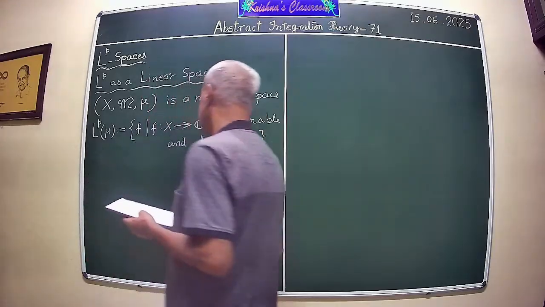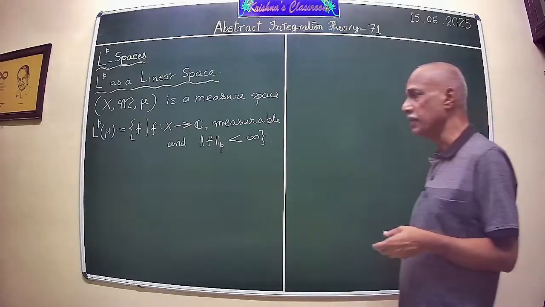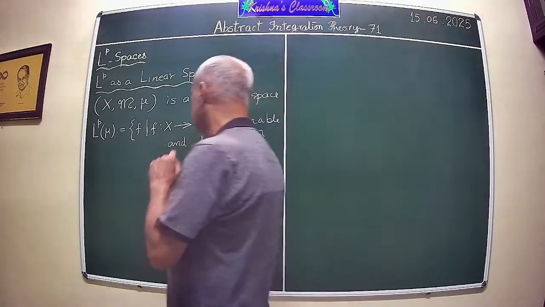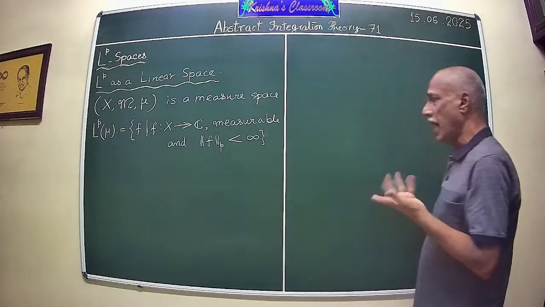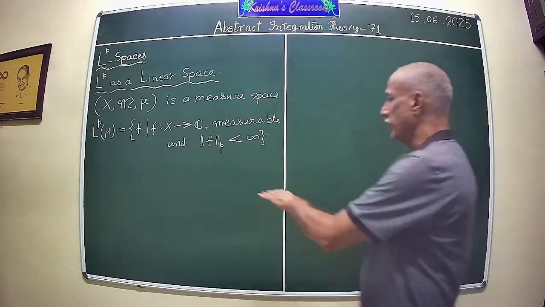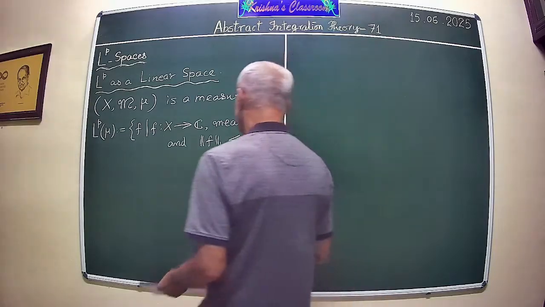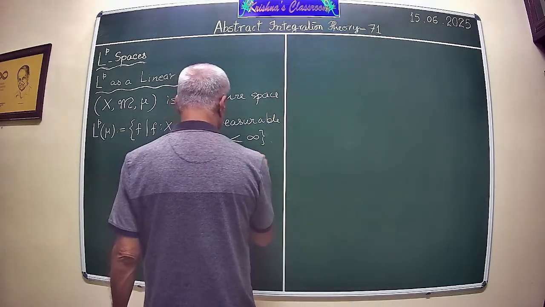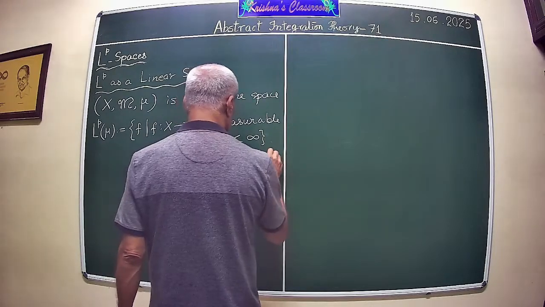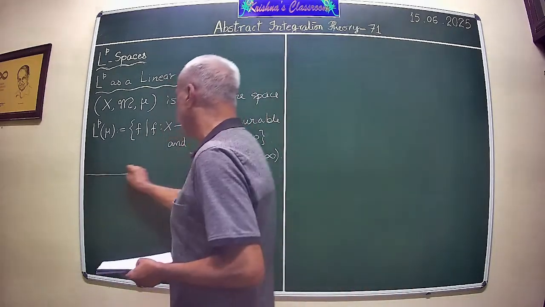Now there are three conditions: F is a complex valued function defined on X, it is a measurable function, and the norm of F is finite. So that's the basic notation that we have.